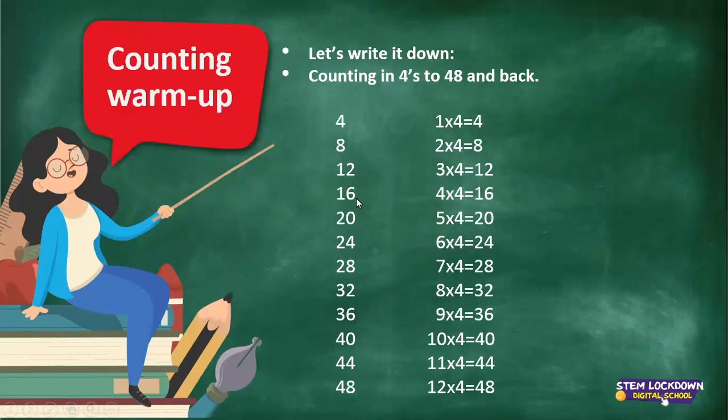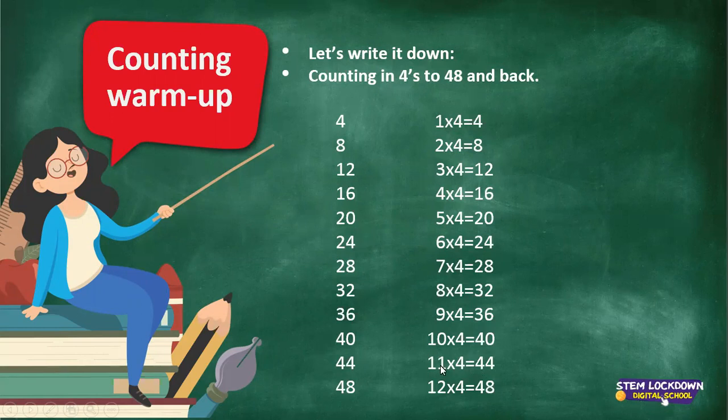The 16 is number 4. So we say 4 times 4 is 16. Number 5, 5 times 4, 20. 6 times 4 is 24. 7 times 4 equals 28. 8 times 4 equals 32. 9 times 4 equals 36. 10 times 4 is 40. 11 times 4 is 44.